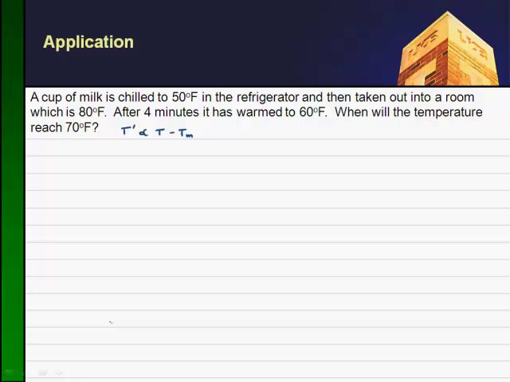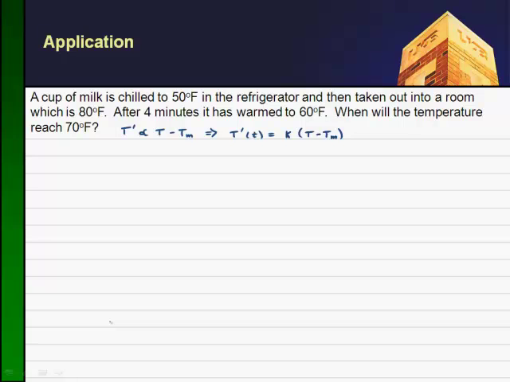And it should be clear that if we drop that symbol of proportionality, we can replace it with an equal sign. And here, T prime, or T, is a function of time. So I could write T prime as a function of time, drop the proportional symbol, write the equal sign, and include some constant of proportionality, k times (T minus Tm).